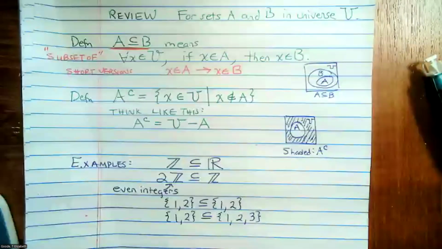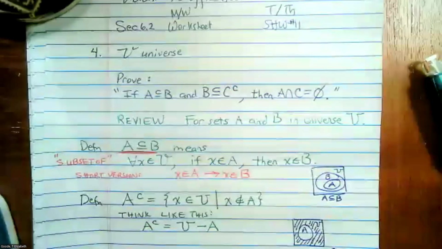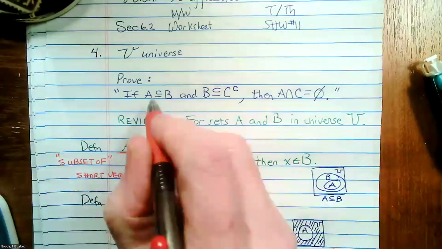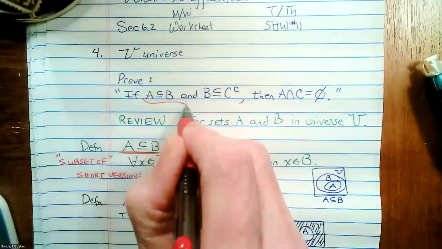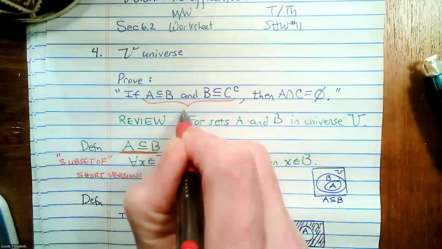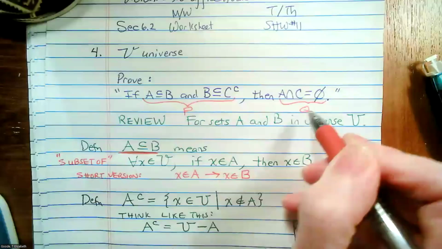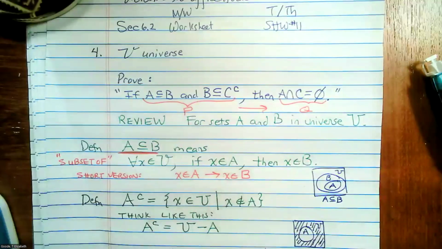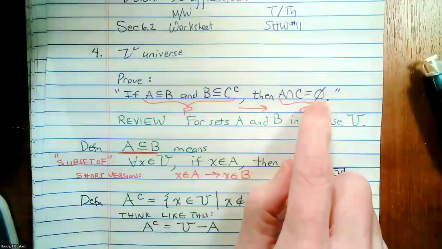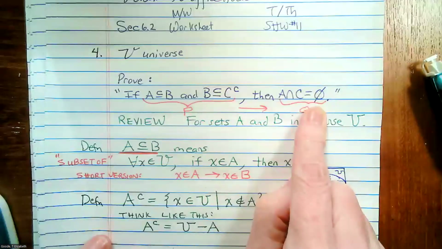All right. So let's take a look at this statement that we're asked to prove. Notice it's an if P then Q type statement, and it's a statement where we're asked to conclude that a set is empty.